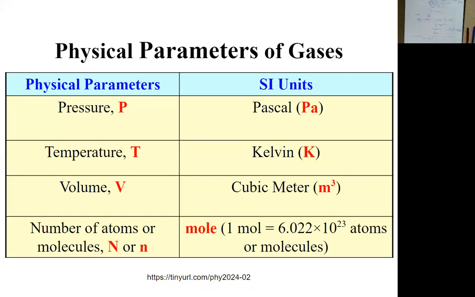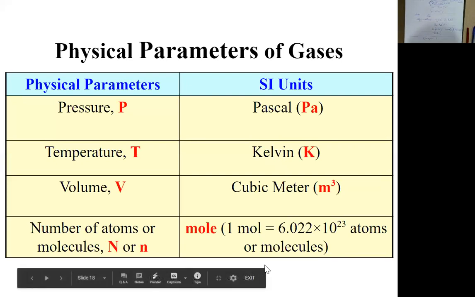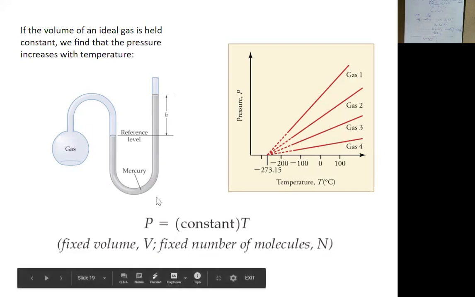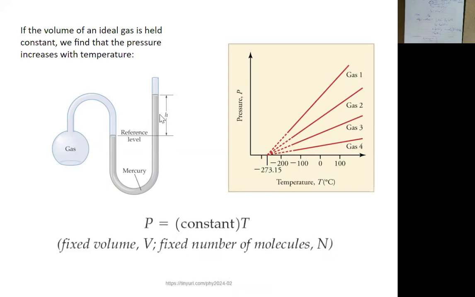Now let's check the relationship between these parameters one by one, and hopefully we can come to a conclusion. A lot of these come from our daily experience or experimental results. First, I mentioned last time that in olden days, people used a thermometer called a gas thermometer, which means you fix the volume of the gas in the container, and then you read the pressure by taking the level difference H of the two mercury surface levels.